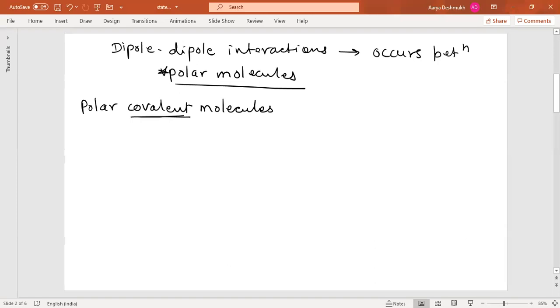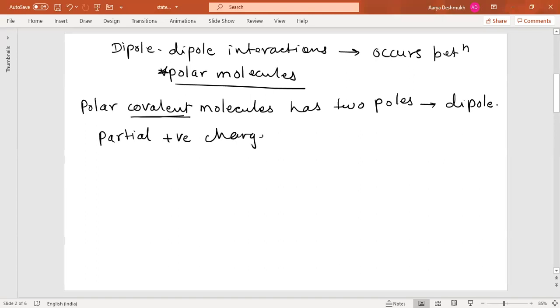Okay. Polar covalent molecules have two poles, which is called a dipole. Di means two. A partial positive charge and a partial negative charge are developed, which results in the development of these two charges.